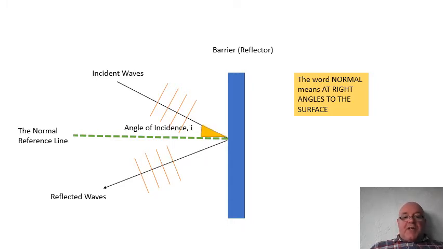If I just highlight the angle that the incoming ray makes with the normal, that's called the angle of incidence, I, that equals the angle of reflection, R. So the angles are always measured from the ray to the actual normal itself. Remember, the ray is just really the arrow that shows you the direction that these waves are traveling in.